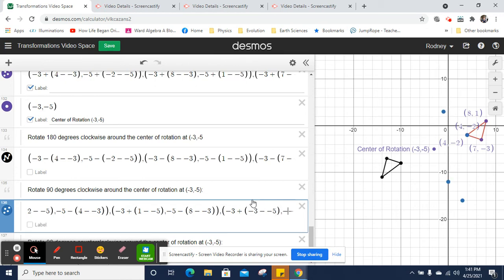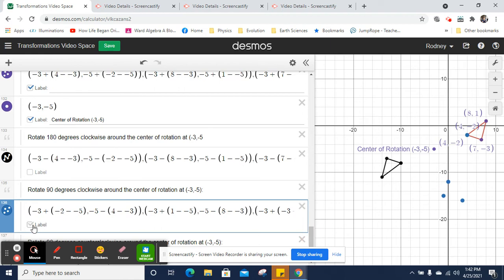And then I need -5, and then it's 7, -3. So I'm now going to subtract the change in the x's. So it's going to be 7 minus -3. And that should end up at -1, -15. And it does. So that's perfect. It's right where it ought to be. And so I've got my point.